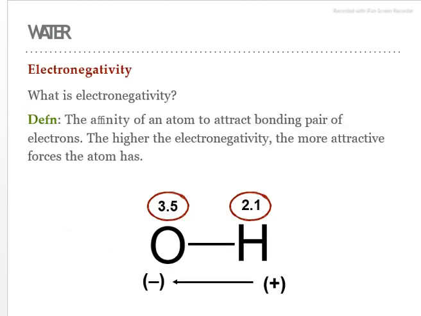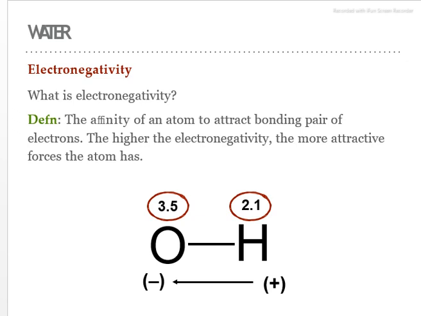So what is the speciality of water? What is electronegativity? The definition of electronegativity is the affinity of an atom to attract a bonding pair of electrons. The higher the electronegativity, the more attractive force the atom has.